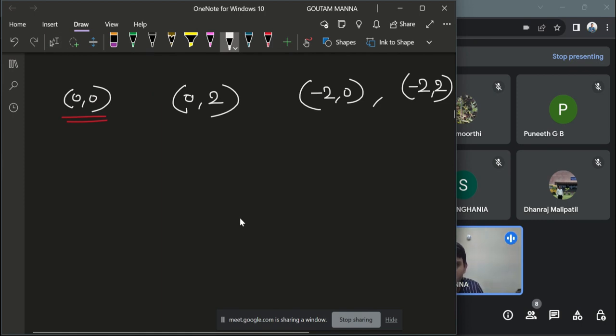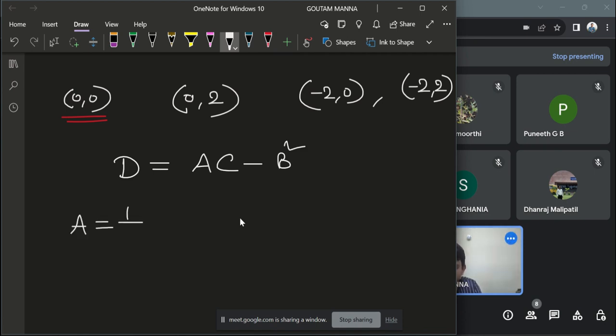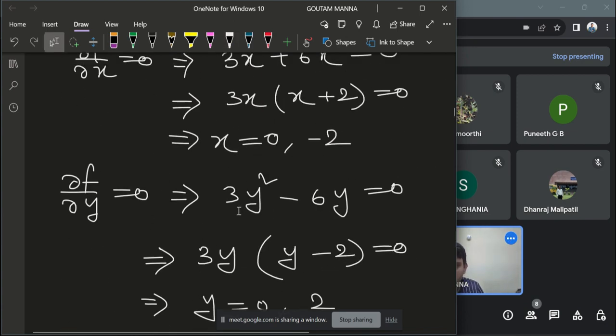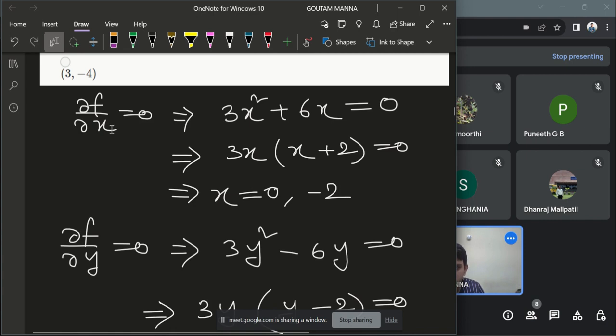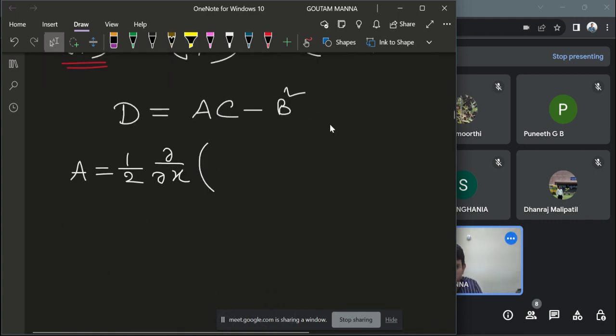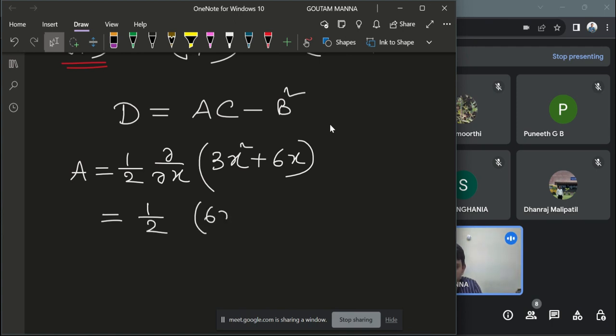So for that we need to calculate the discriminant D, which is AC minus B square, where A will be half of del x of del f del x, and del f del x is 3x square plus 6x. So it is half of 6x plus 6, which is 3x plus 3.